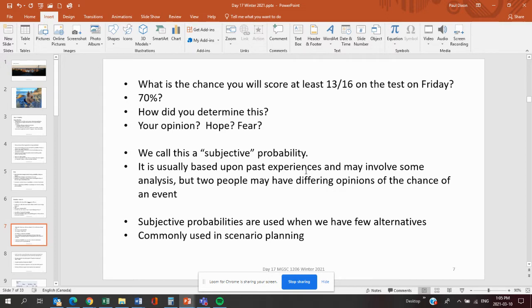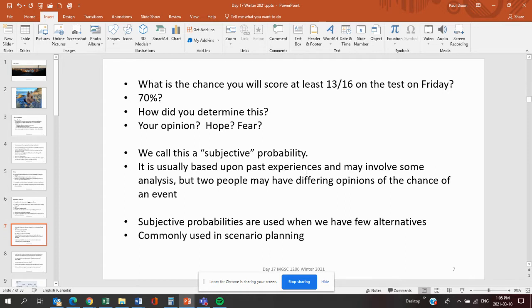With that test on Friday, if I ask you what's the chance you're going to score at least 13 out of 16 on it, what would you say? You might say, yeah, I think I could do that. I think it's quite likely, or it's quite unlikely, or iffy, 50-50. You may have trouble actually assigning a number, but assuming you could, where did it come from?